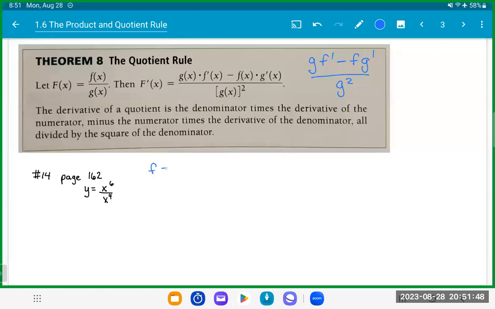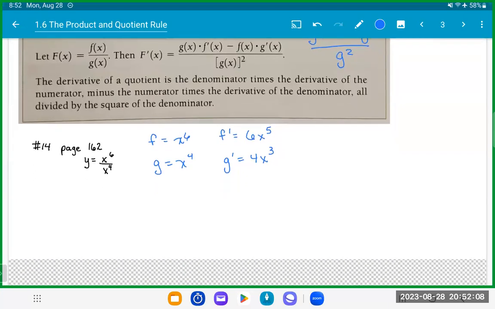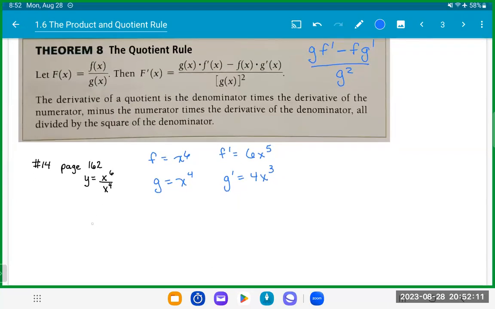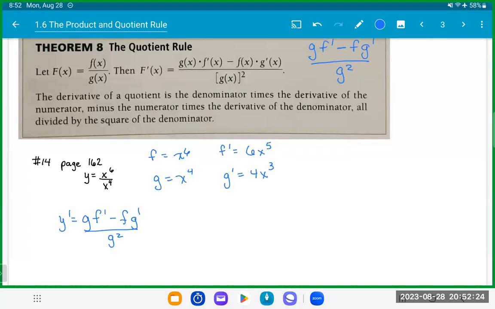So here, my F equals X to the 6, my G equals X to the 4. So my F prime is 6X to the 5, and my G prime is 4X cubed. Okay? So now let's just implement here. If I want to do Y prime, that equals G F prime minus F G prime divided by G squared.